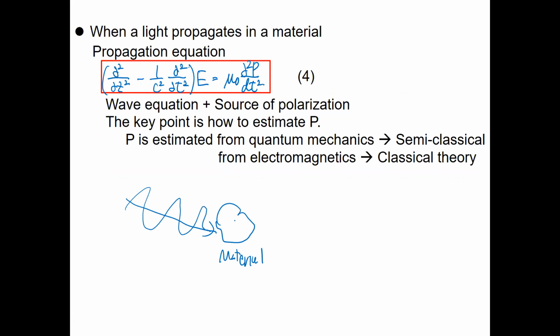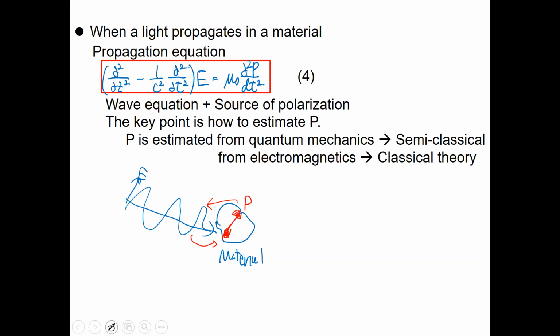And this material, due to the electric field oscillation, is affected by it, which gives a polarization change in time, which is a source of polarization, and this polarization affects the wave light propagation, and also this light field also affects the materials.